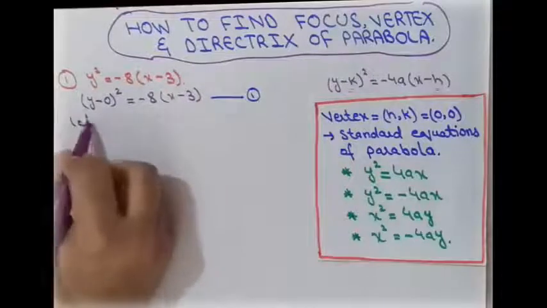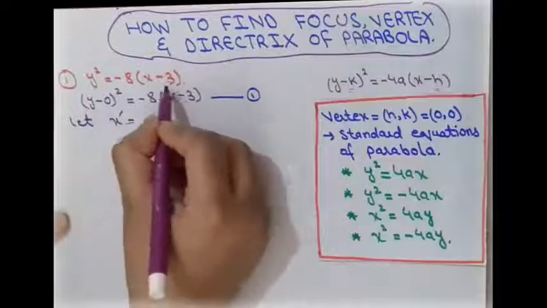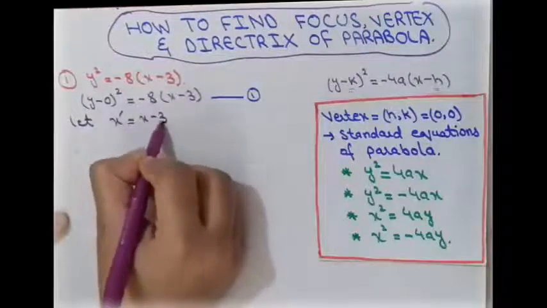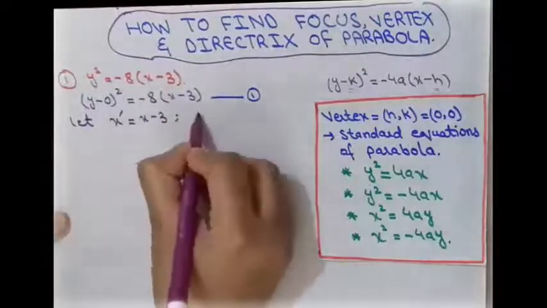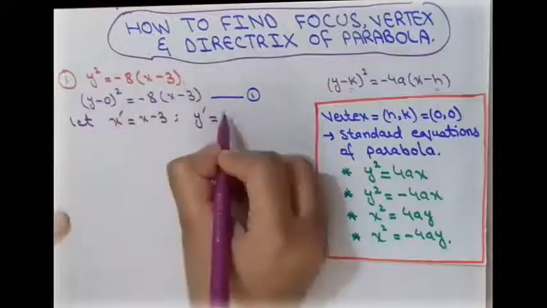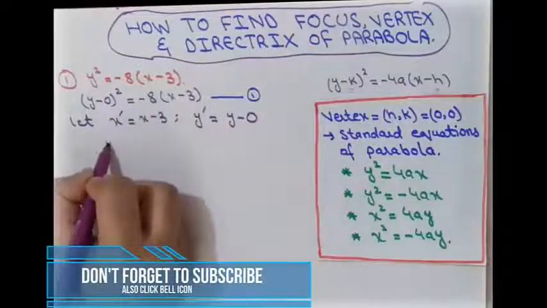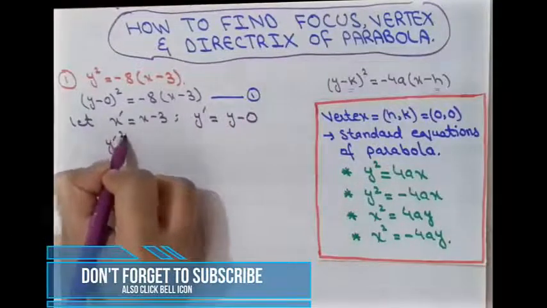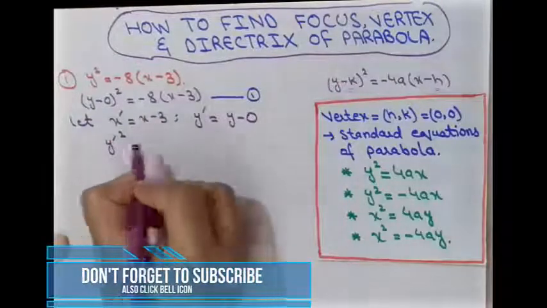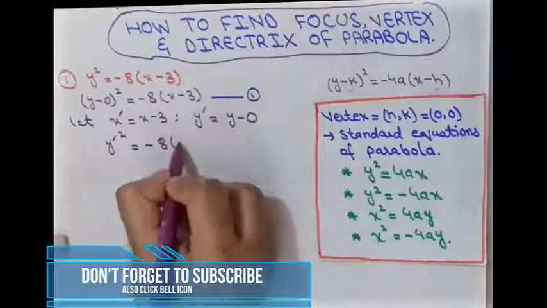Let the term x dash be x minus 3, and suppose the other term y dash equals y minus 0. The first equation becomes y dash square equals minus 8 times x dash, since x minus 3 is x dash.